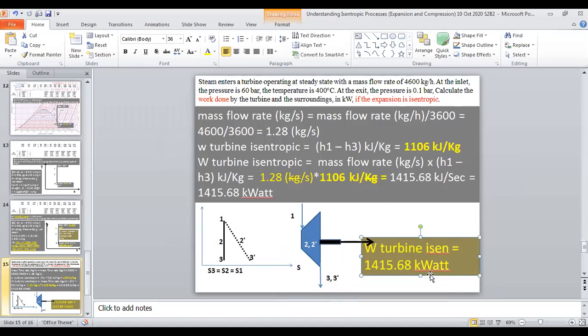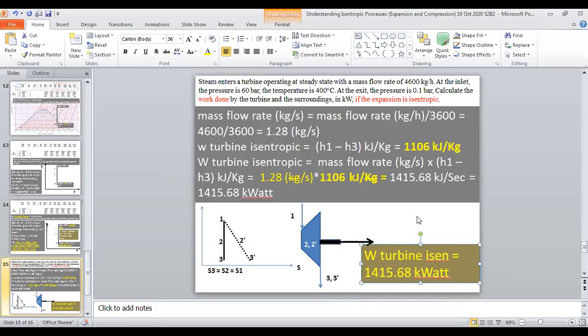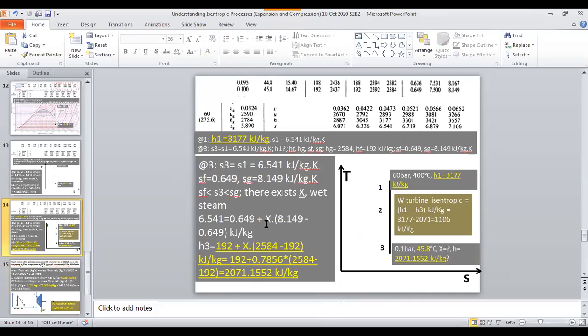Now I have to continue this. This is the point here. You have the isentropic value and your x value is 0.786.